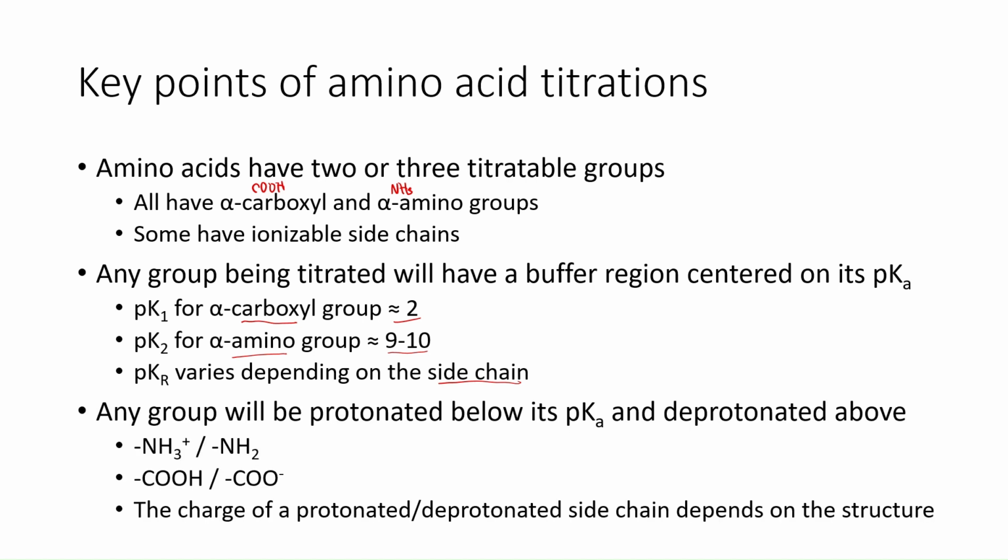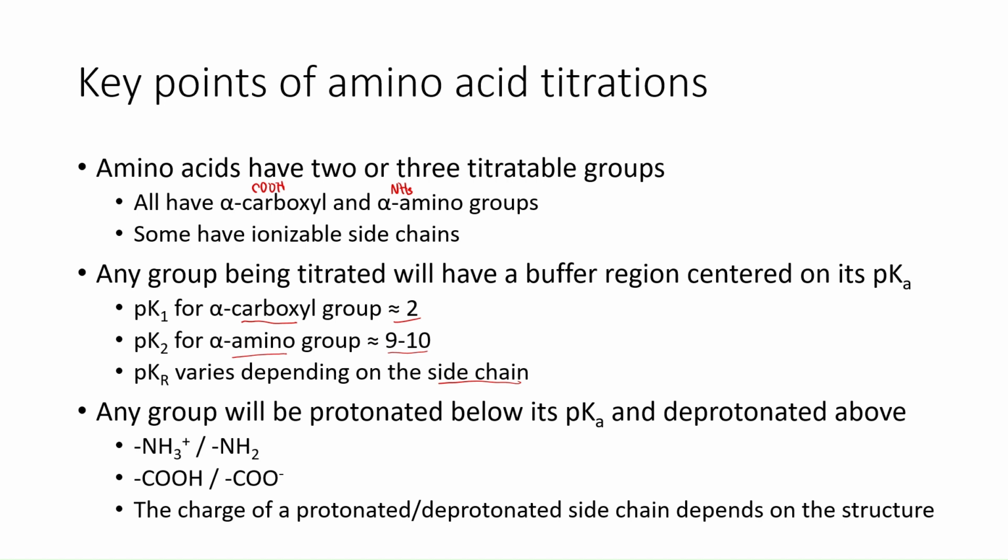The third key point here is that any functional group, when we're at a pH below its pKa, is going to be protonated. And that same group, once the pH rises above its pKa, is going to be deprotonated. In an environment with a low pH, there are a lot of protons around, so we're going to be protonating a functional group that's below its pKa.